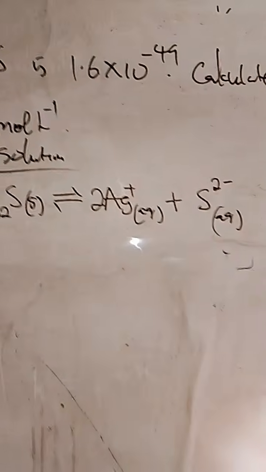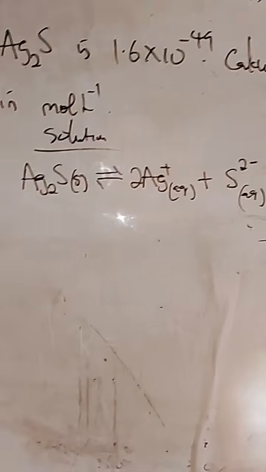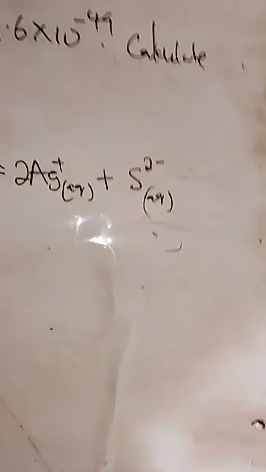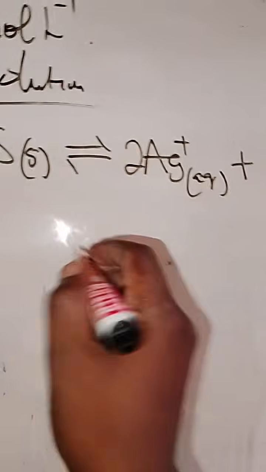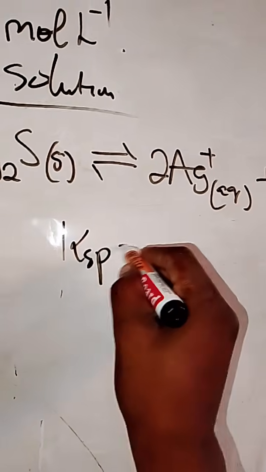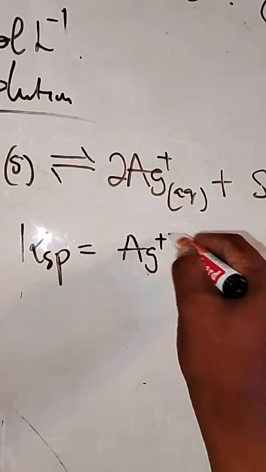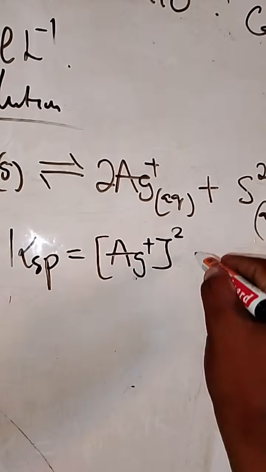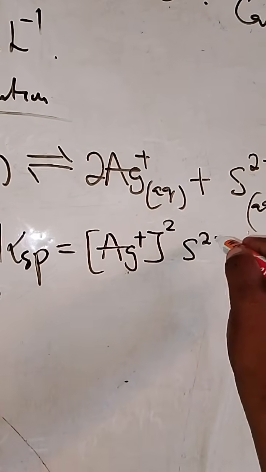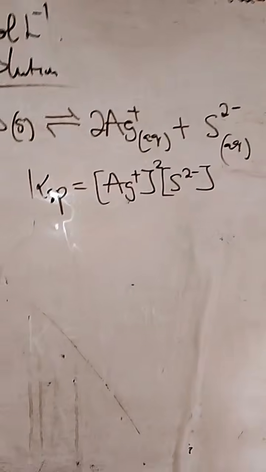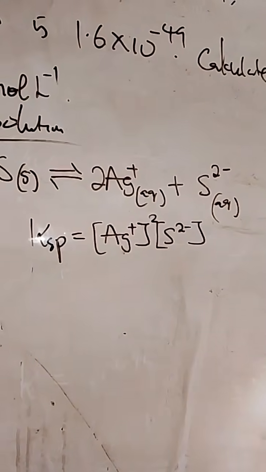So that is the equation. From this we know our Ksp would be silver ion squared, times sulfide.